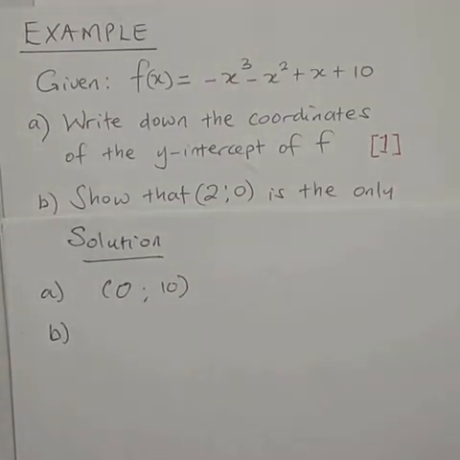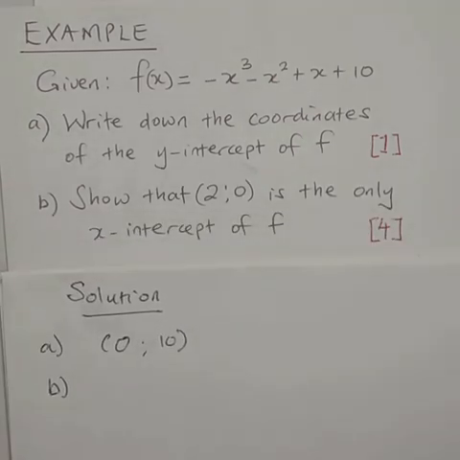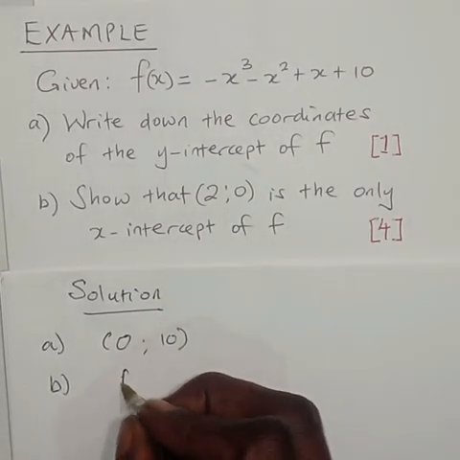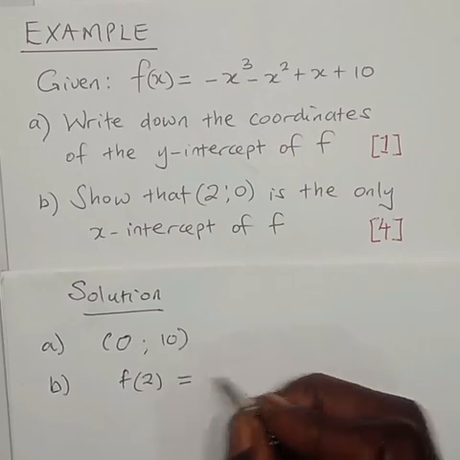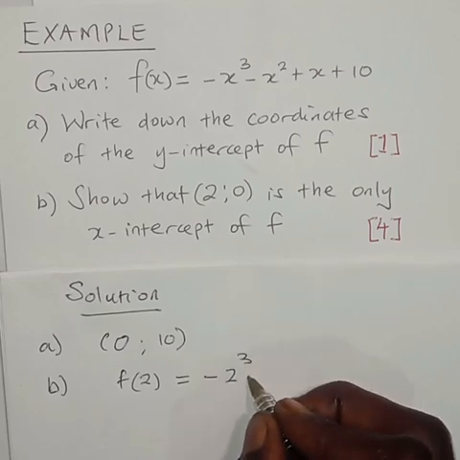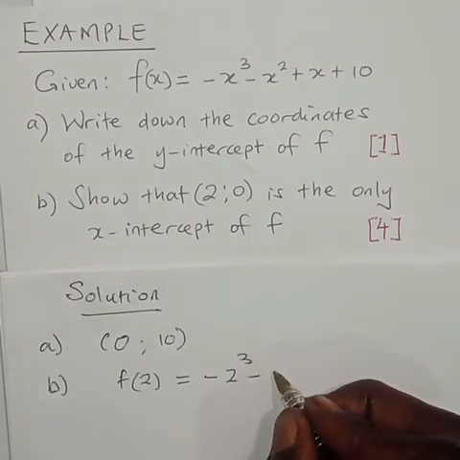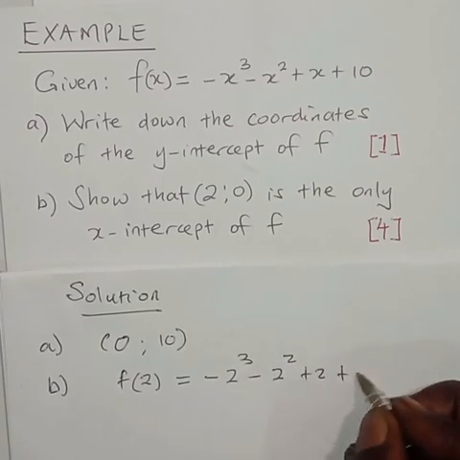Now, we are on B. We need to show that 2 is the only x-intercept of f. So here you use the factor theorem. You say f(2) is equal to minus 2 to the power of 3 minus 2 squared plus 2 plus 10.